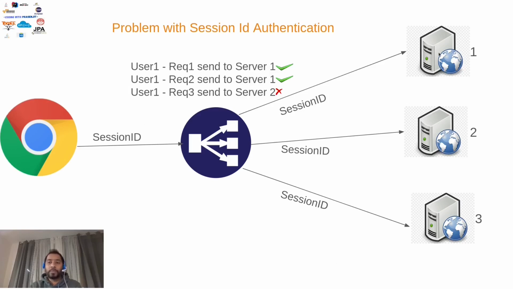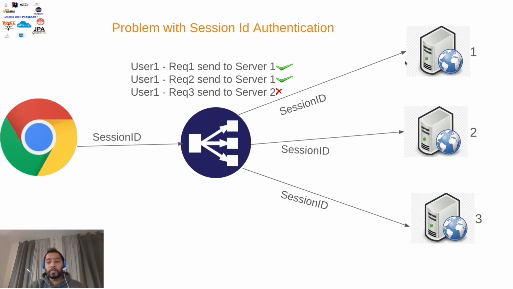Now server 1 authenticated the user and created the session for user, and then passed the session information to the browser using a cookie. Okay, now let's say user 1 is doing another request, that is request 2, and the request 2 is sent to server with the cookie information.